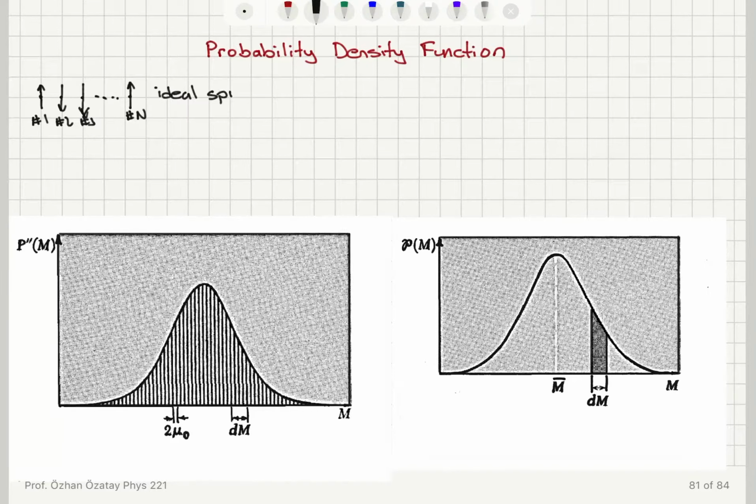There is no interaction between the individual spins. There is capital N number of spins in the system.